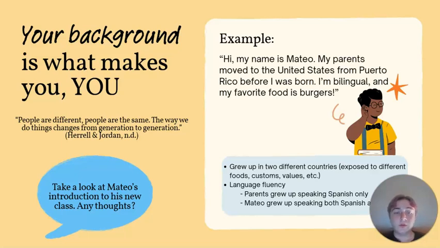And same with the language fluency, that is another big part of his culture. He grew up speaking both Spanish and English, so he has more exposure to things in both languages. He is able to fluently interact with people that speak both Spanish and English, while his parents might have a little bit harder of a time speaking English, depending on their fluency.